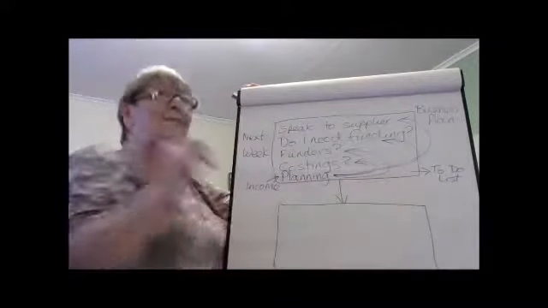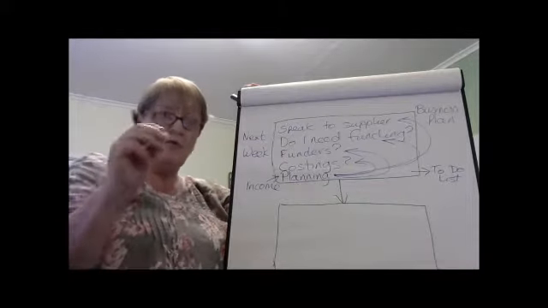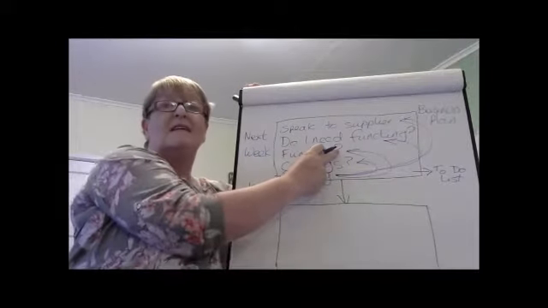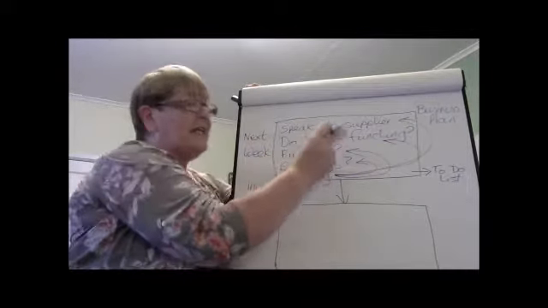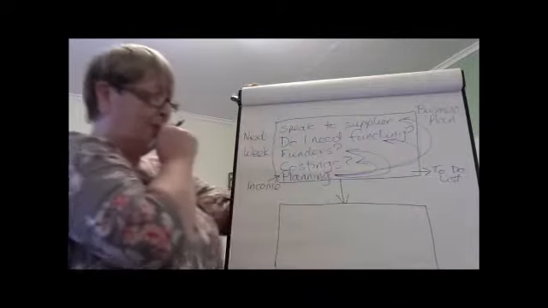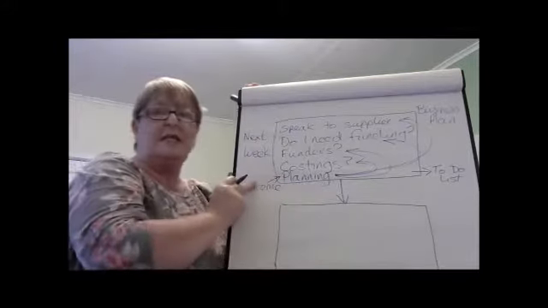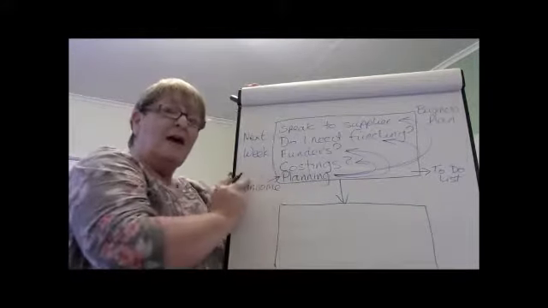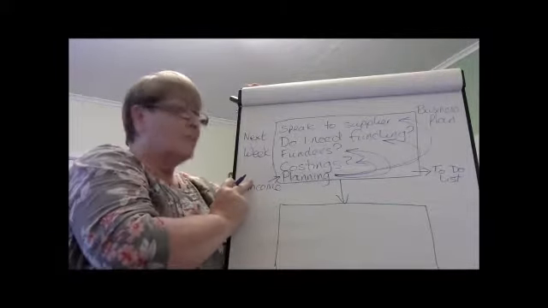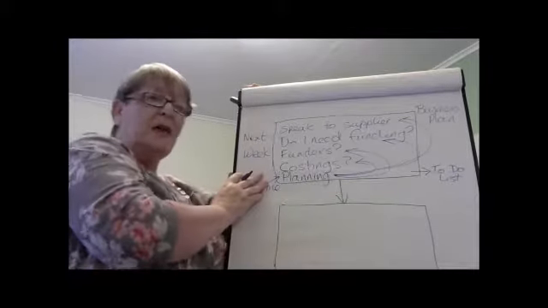Business plan. I need to make sure this business plan is absolutely watertight, because I'm going to need it to go and find funders, and then they need to be able to read my business plan and be quite clear about what it is I'm doing. And I'm also going to need to earn an income, so I may need to work full-time, part-time, all kinds of different options there to keep an income going.